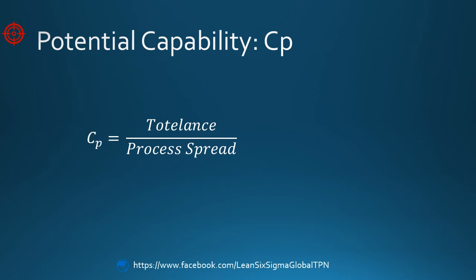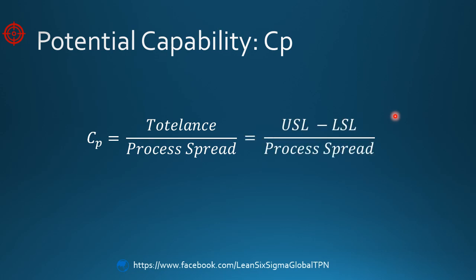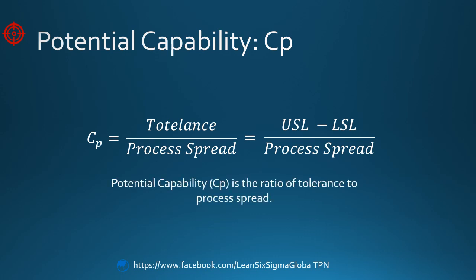Remember, the tolerance is just the difference between the upper and lower specification limits. But what about the actual spread of the process? We can estimate this value. How do we do this? This is where the normality assumption comes in.